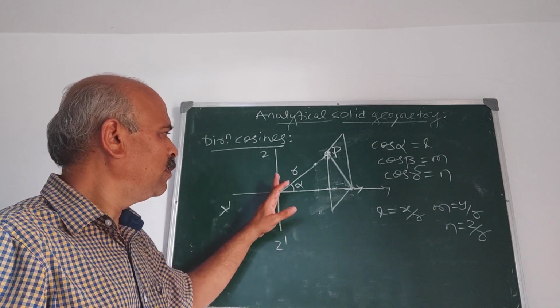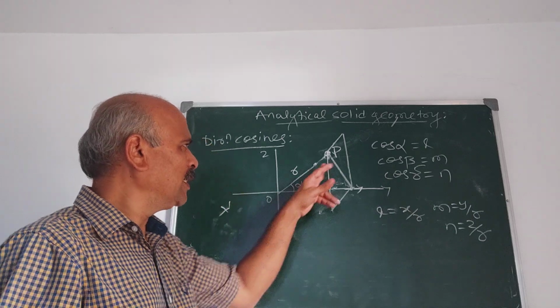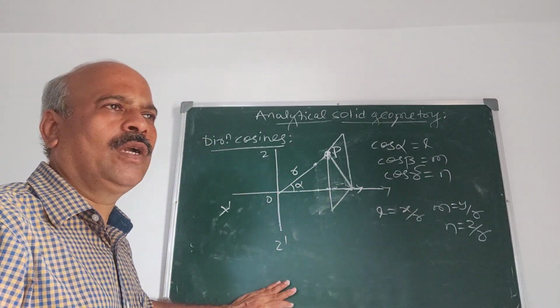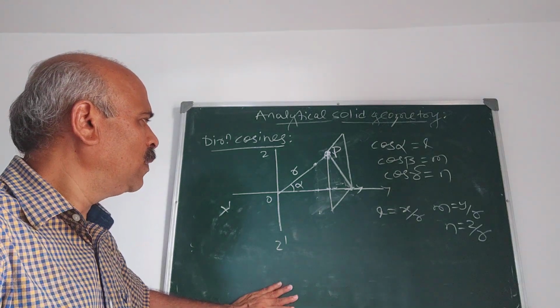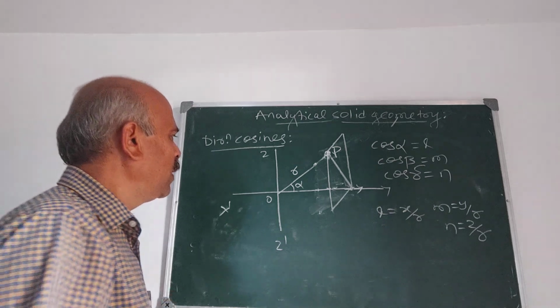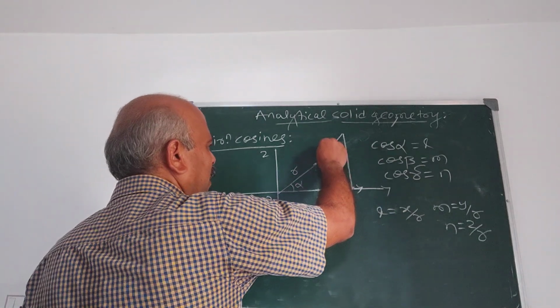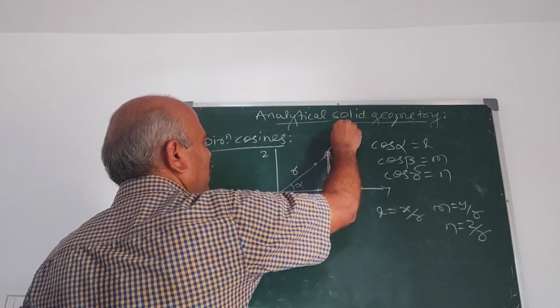Perpendicular to what? What is the x coordinate of a point? The x coordinate is the perpendicular distance from the YZ plane. You have to draw a plane through this point which is perpendicular to the YZ plane.